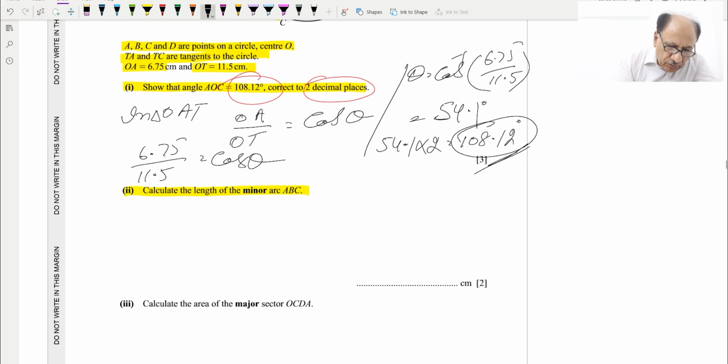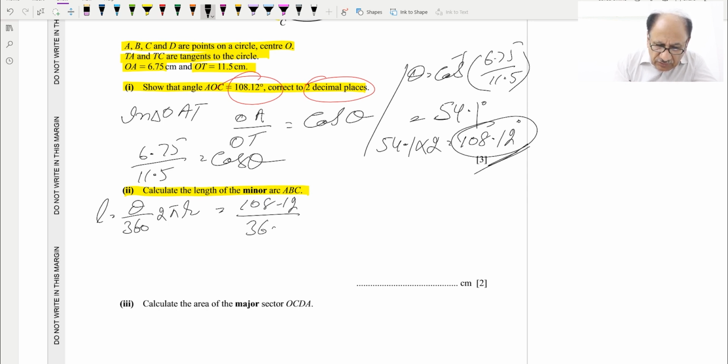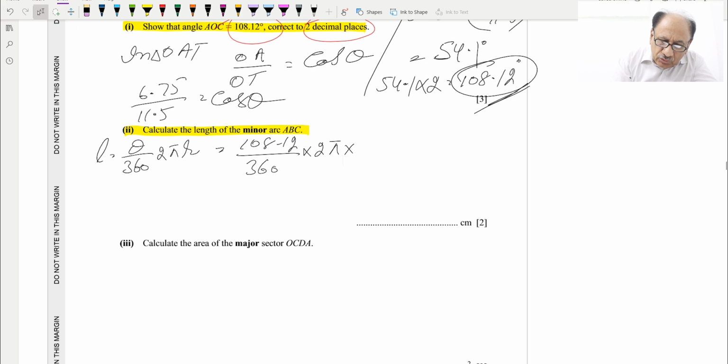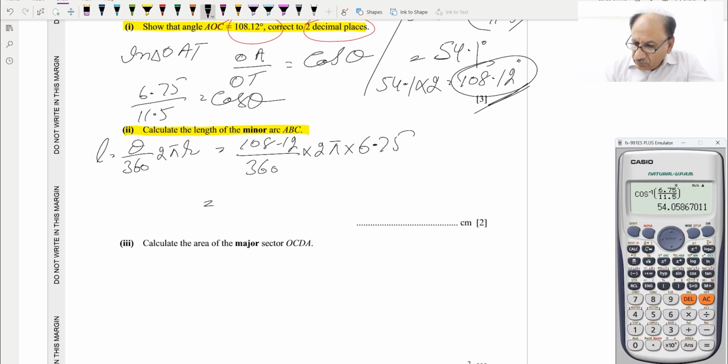So the length formula is L equals theta over 360 into 2 pi r, where theta is 108.12 divided by 360 into 2 pi, and the r value we already have, which is 6.75.